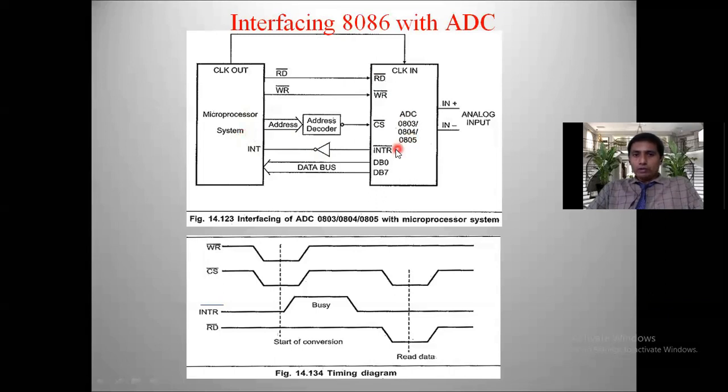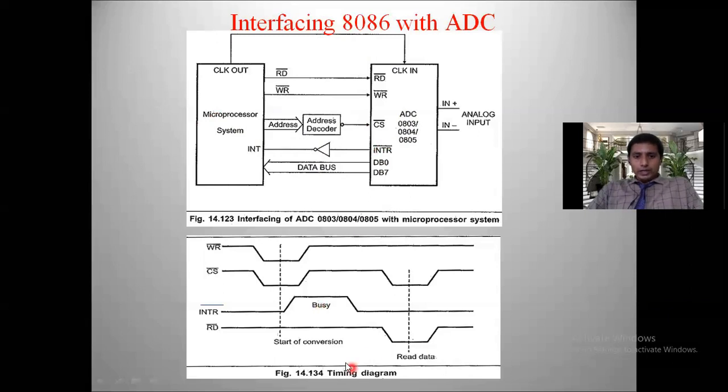Whenever conversion is completed, INTR bar becomes 0, and because of the NOT gate the output is 1. That 1 is given to INT and it will activate. Then the microprocessor understands that conversion is completed, and it activates the read bar signal. Then these 8 data lines are transmitted through the data bus buffer to the microprocessor. Like that we can analyze an overview of how an ADC is interfaced with a generalized microprocessor.